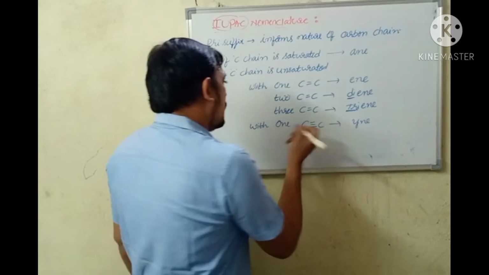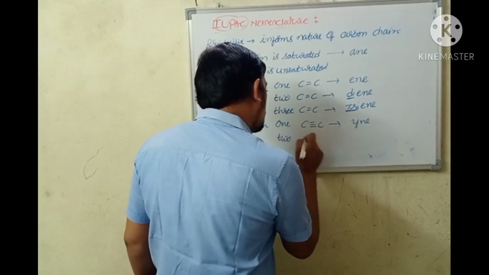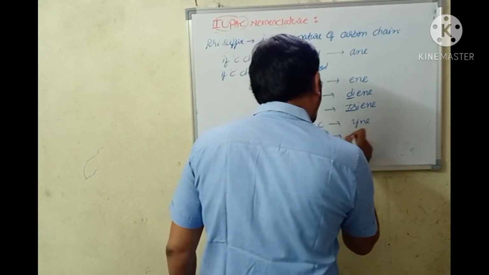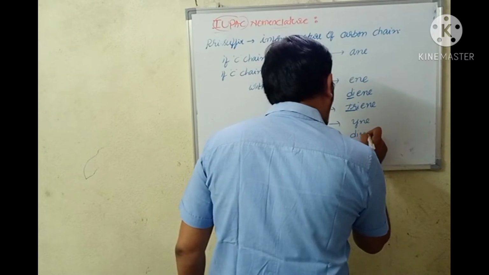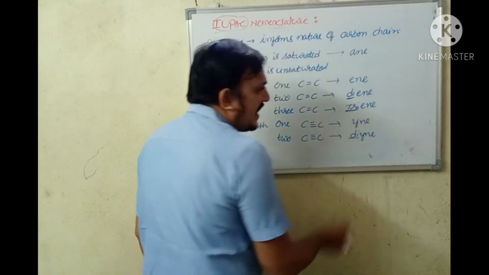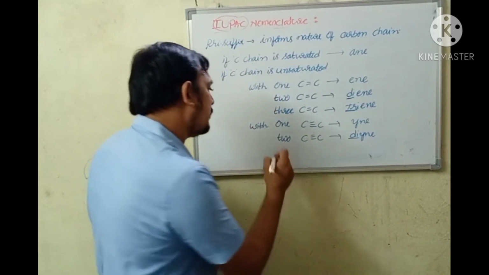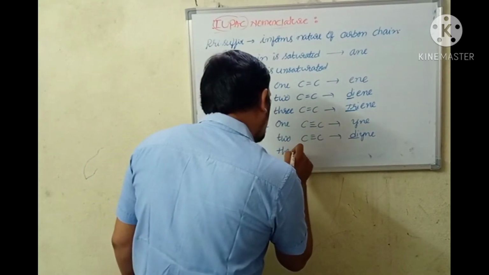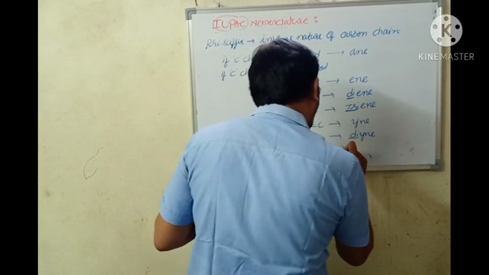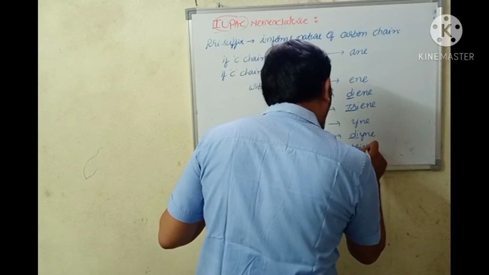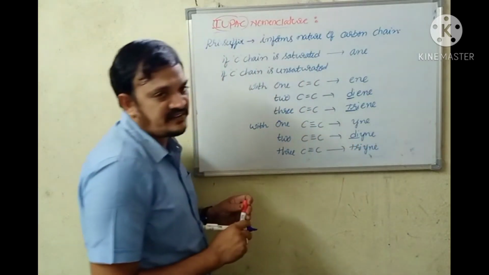If it contains two C triple bond C's, it will be diyne. Here again di is numerical suffix. If it contains three C triple bond C's, it will be given triyne as the primary suffix.